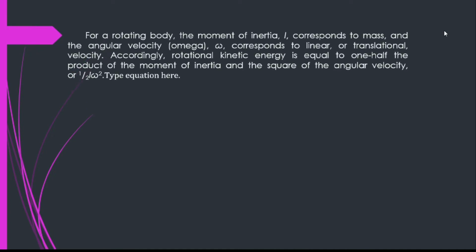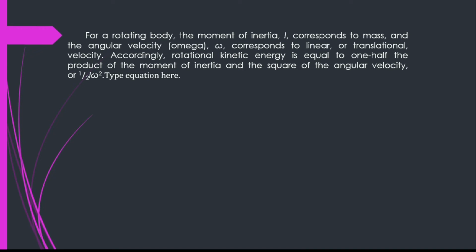For a rotating body, the moment of inertia, symbol big letter I, corresponds to mass, and the angular velocity, symbol omega, corresponds to linear or translational velocity.